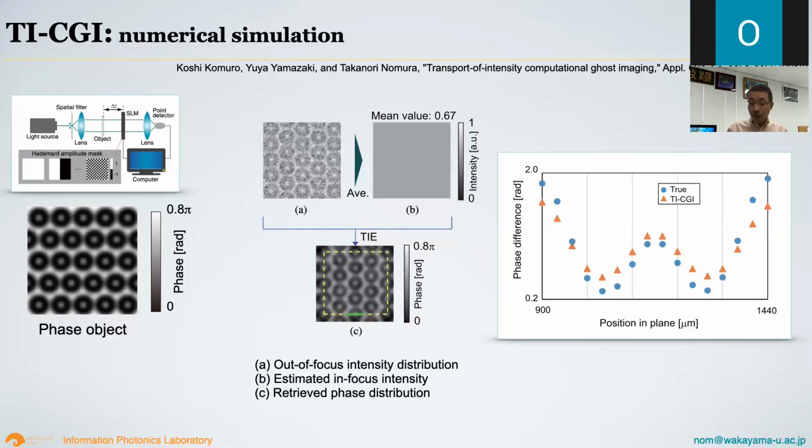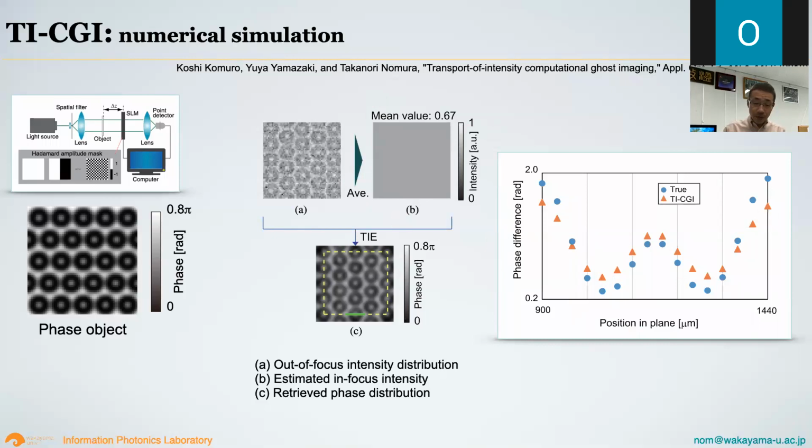This is the true phase distribution, and this is the TI-CGI phase distribution. You can see almost the same distribution in the cross section. So the numerical simulation confirmed our idea for the in-focus intensity distribution and phase distributions.